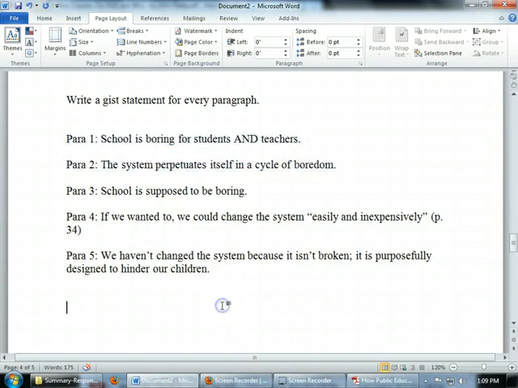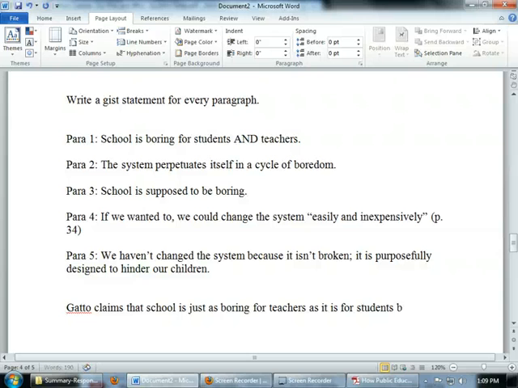paragraphs 1 and 2 together, and what I'll come up with is that Gatto claims that school is just as boring for teachers as it is for students, because they are just perpetuating, I always have trouble spelling this word, perpetuating the cycle of boredom.